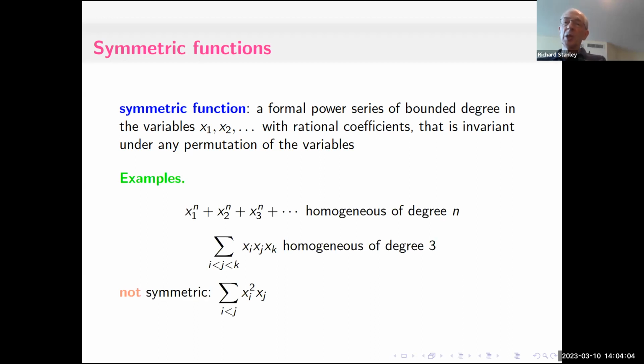For instance, the sum of the nth powers of the xi's would be a homogeneous symmetric function of degree n. The second line is the third elementary symmetric function, homogeneous of degree 3. And the sum over i less than j of xi squared xj would not be symmetric, whereas x1 squared x2 appears, x1 x2 squared does not appear.